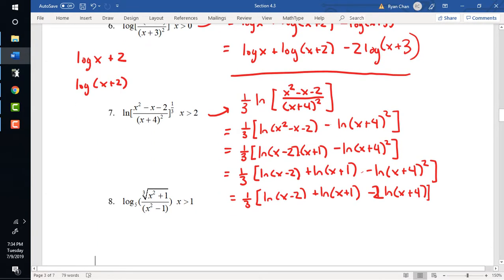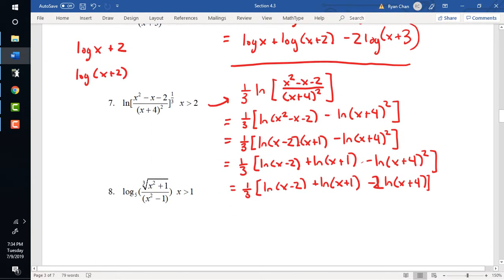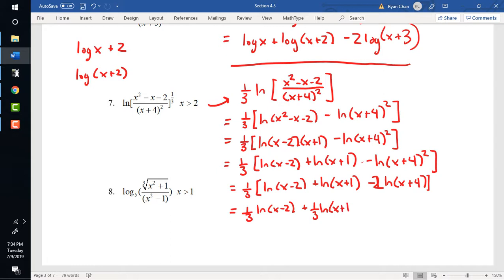And then the last thing I'm going to do is distribute my 1/3. And this is 1/3 natural log of (x minus 2) plus 1/3 natural log of (x plus 1) minus 2/3 natural log of (x plus 4). So that's it, and that's my final answer right there.